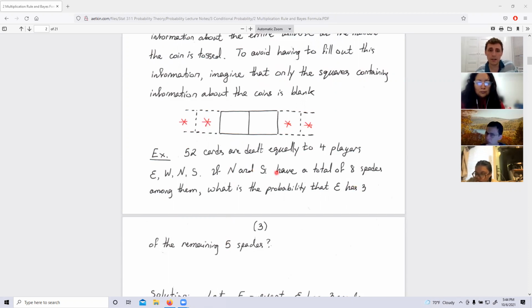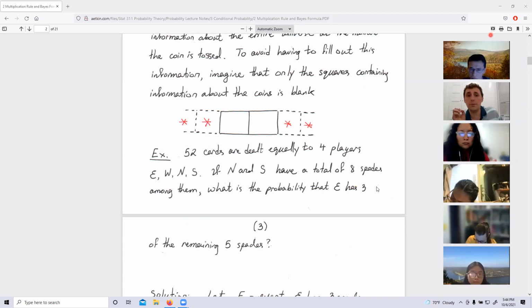Okay, North and South have taken away 8 spades. So East and West have a total of 5 spades. And the question is, what's the probability that East has 3 spades? Can you calculate it?